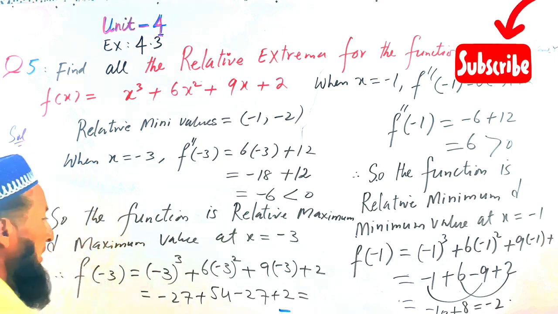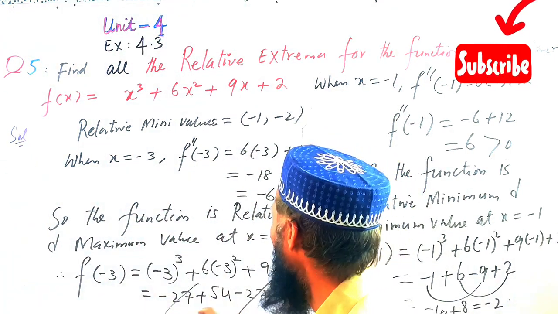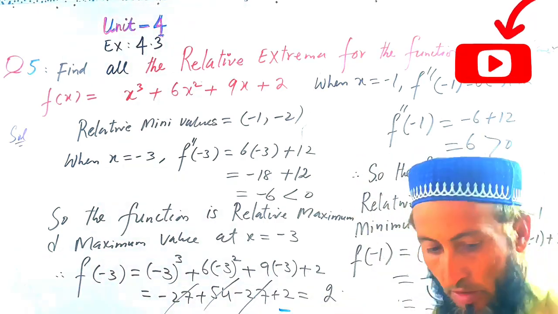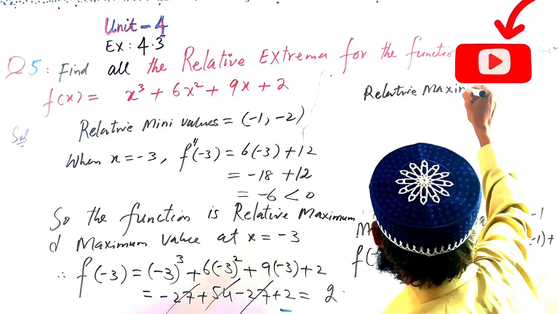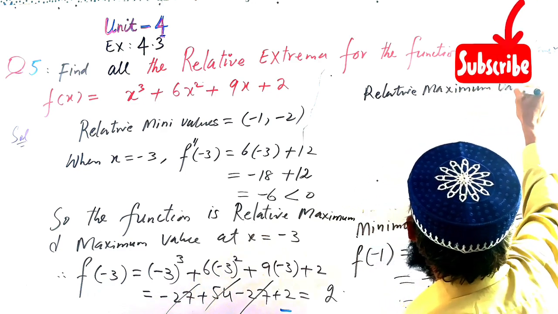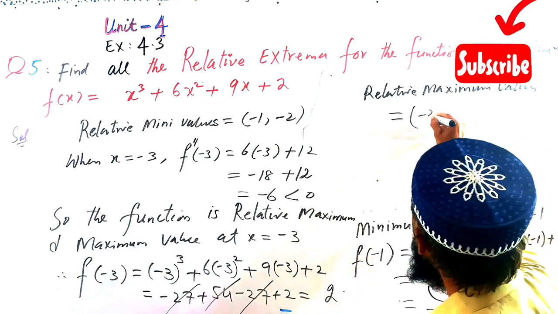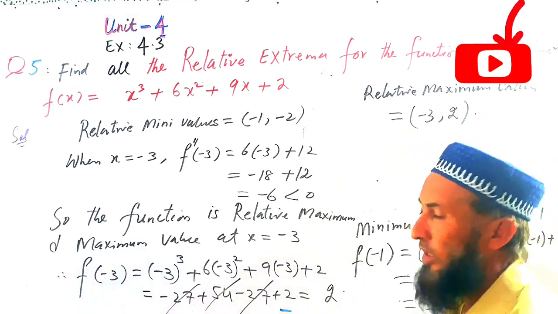If we add these results, minus 54 and 54 cancel, and we get 2. The maximum value is at x equal to minus 3, and the value is 2. That is the final answer.